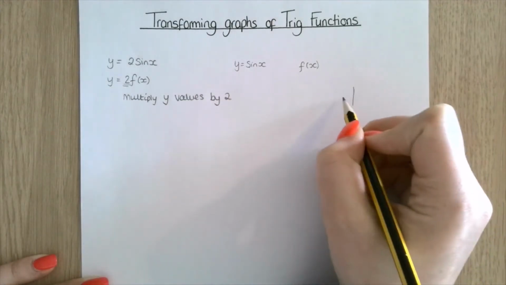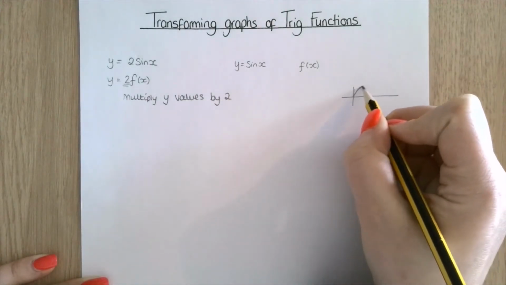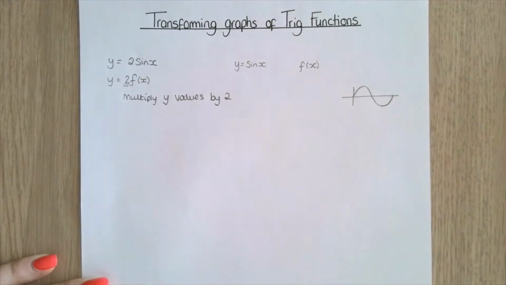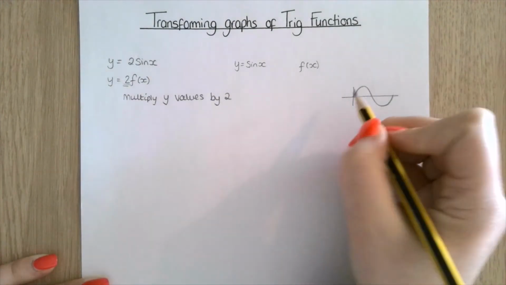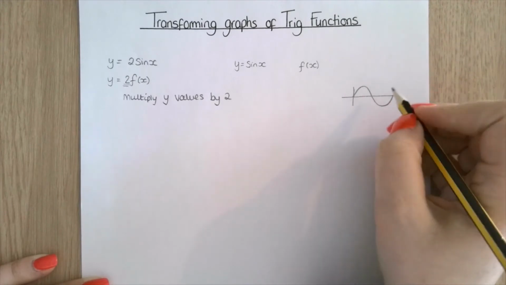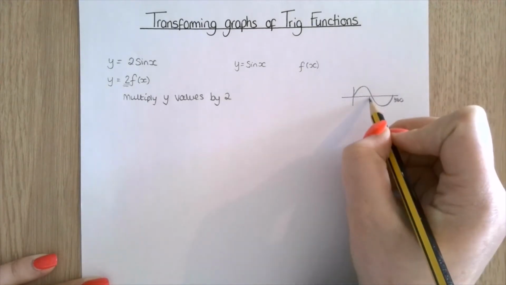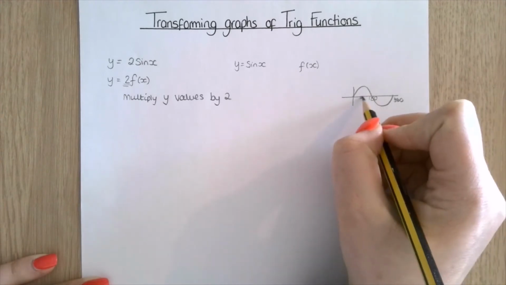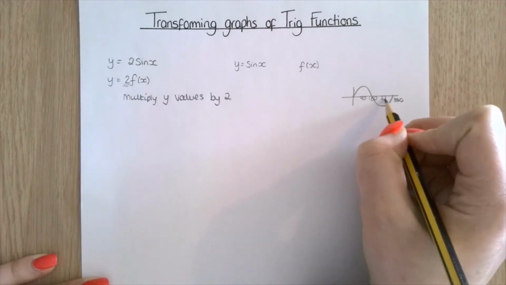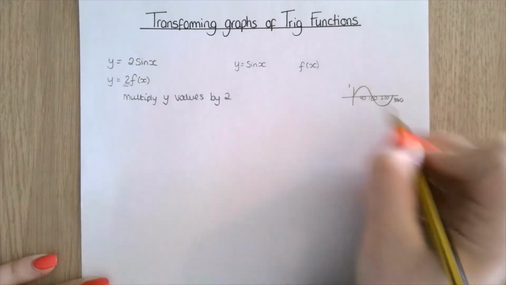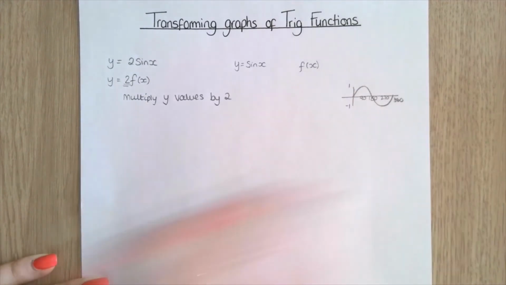So if I just look quickly at y equals sine x, that's my general y equals sine x graph. And here I've got 360, here I've got 180, 90, 270. My maximum is at 1, my minimum at -1.